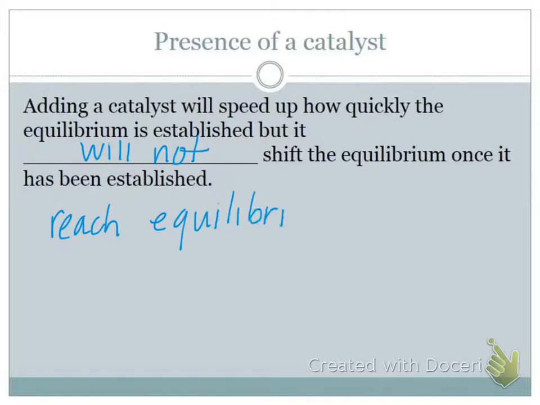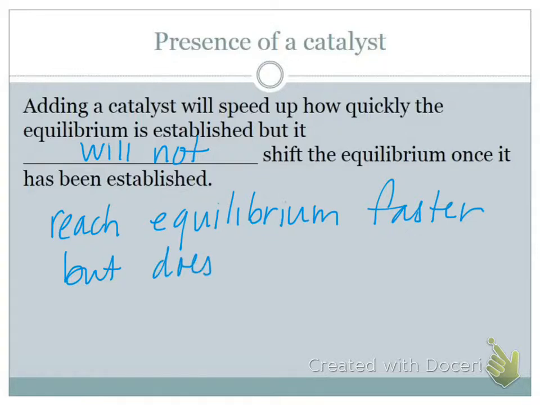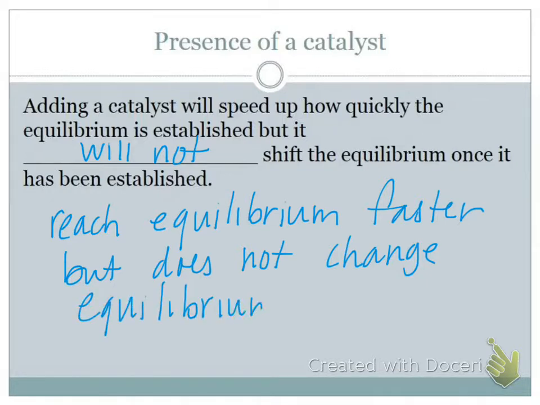And of course, the same thing with an inhibitor, just the opposite. It would take longer to reach equilibrium with an inhibitor, but it does not affect the equilibrium position.